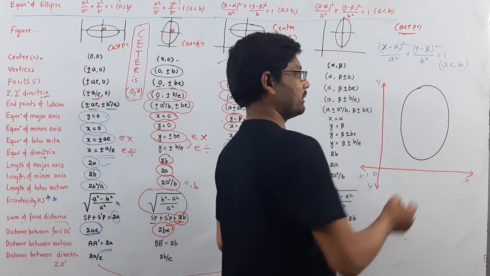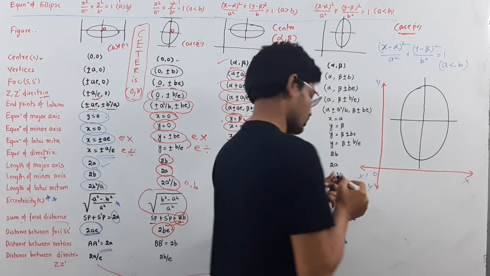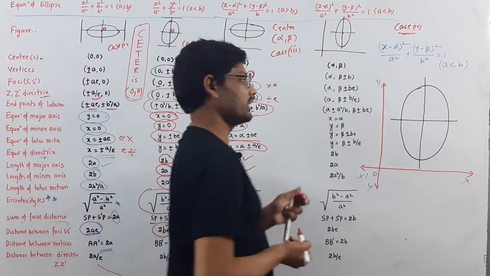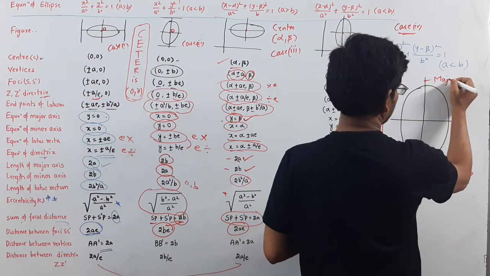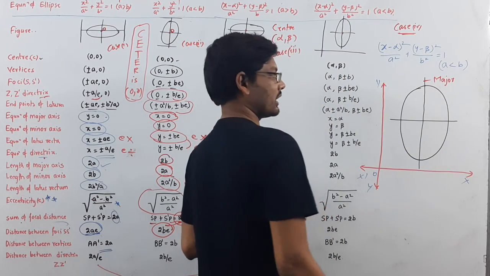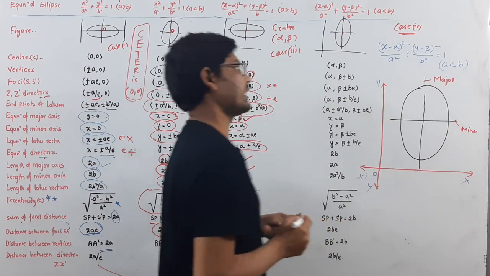This is an ellipse. I am taking axes here. This is one, this is one more. This is the major axis. Why? Because it is having the foci and all. This is the minor axis. This is major and minor axis.